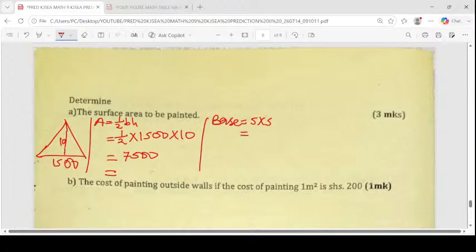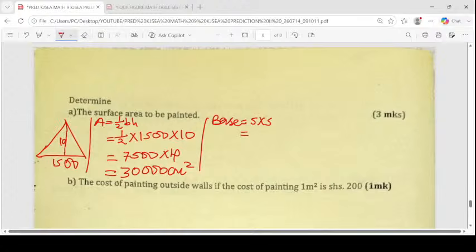But now because we have 4 triangles, we multiply that by 4. When you multiply that by 4, you get 30,000. Now these units are in centimeters, so this is 30,000 square centimeters.